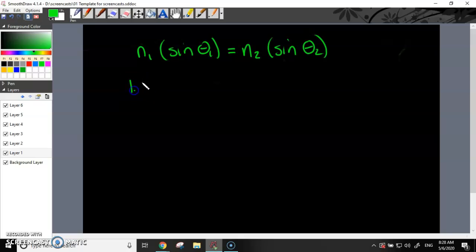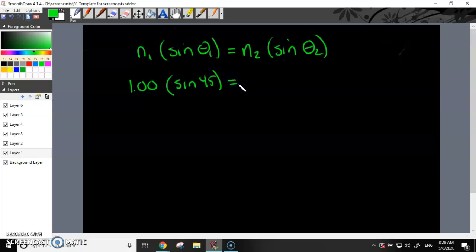So with Snell's law, n1 times the sine of theta 1 has to equal n2 times the sine of theta 2. Our n1 for air was 1, and our angle was 45.